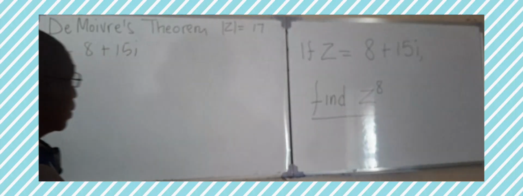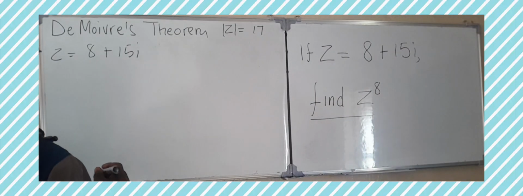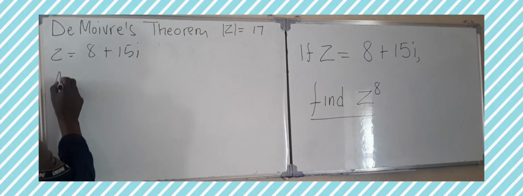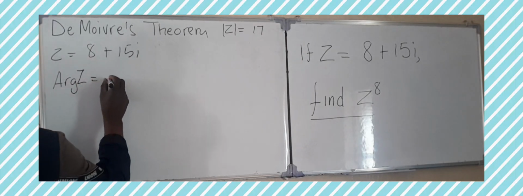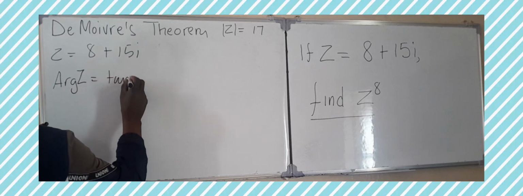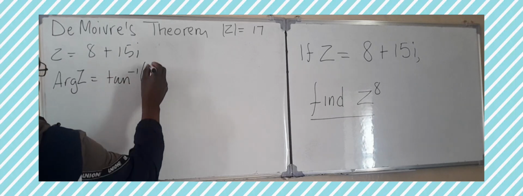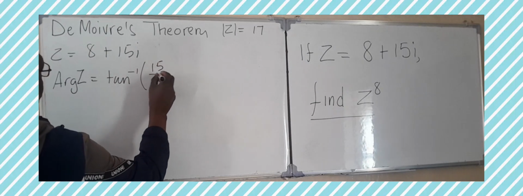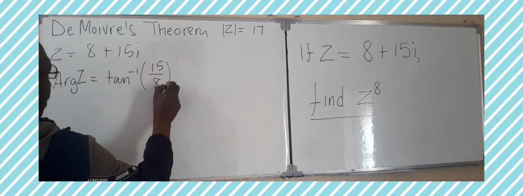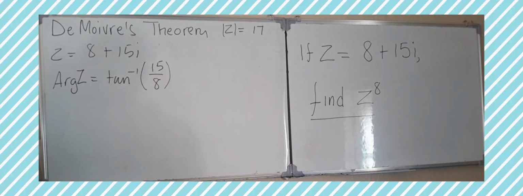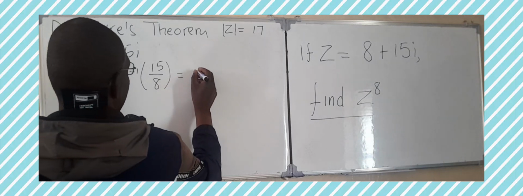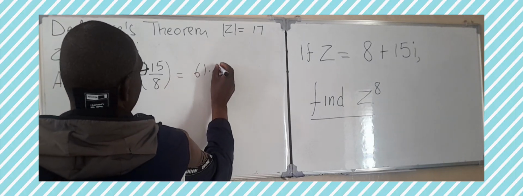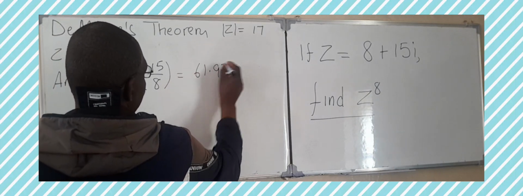What about the argument of Z? We know that arg Z is equal to arctan, the angle whose tangent is 15 divided by 8. And again, I did some calculations in the background before I came here, and I found this was 61.92 degrees.